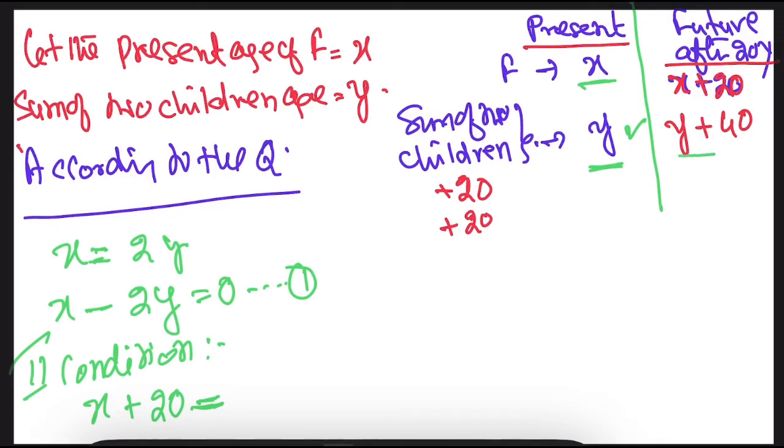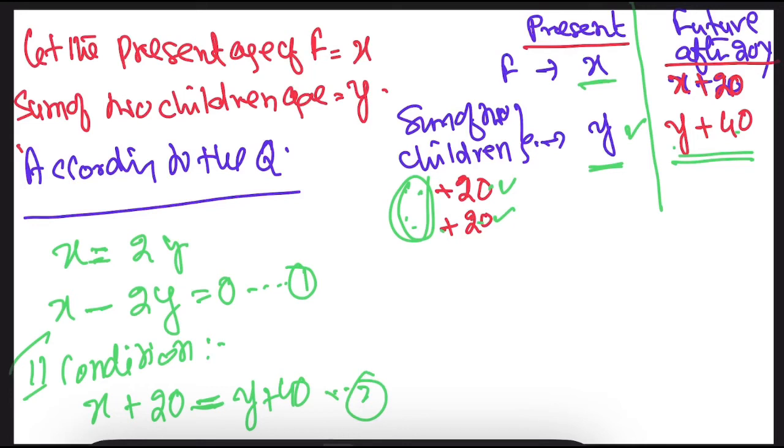Each child will grow 20 years, so the sum becomes y plus 20 plus 20, that is y plus 40. So y plus 40 is the sum of the ages of his children. This is the second condition.